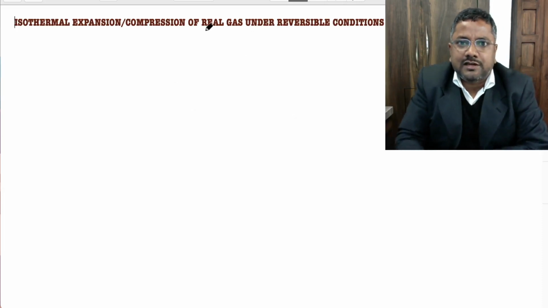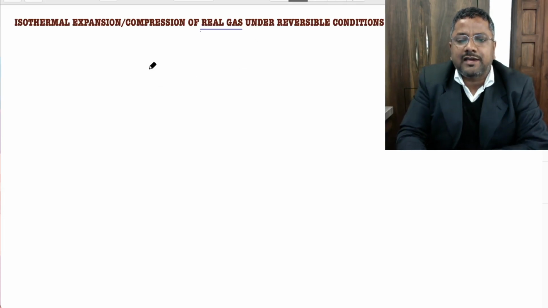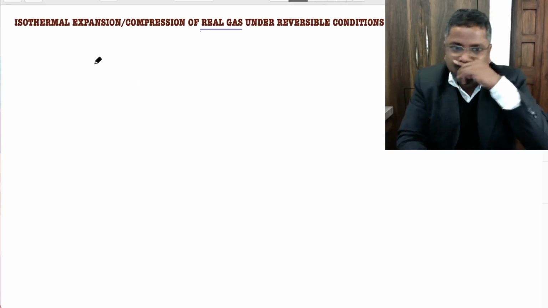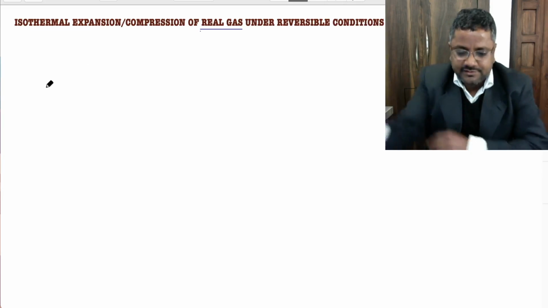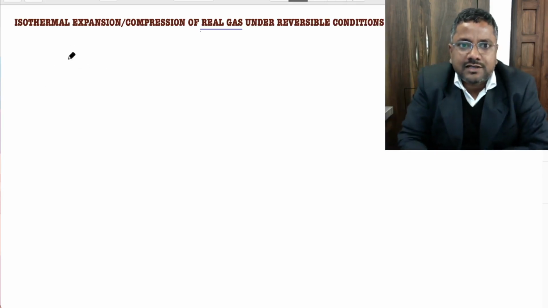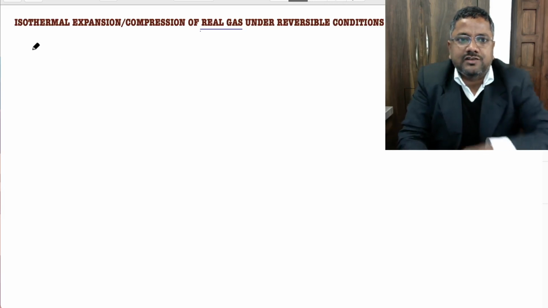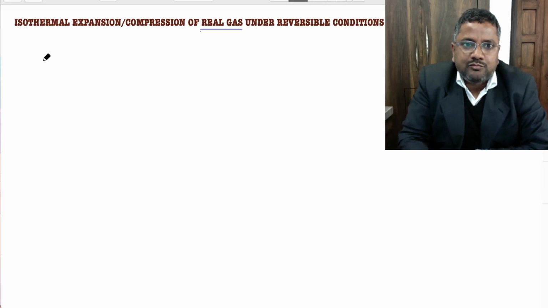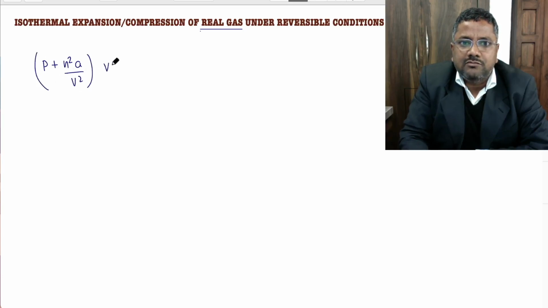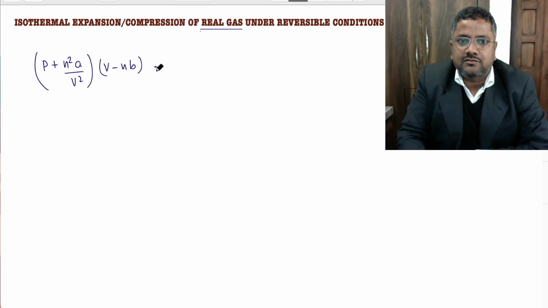So suppose that we have a real gas. Definitely a real gas will have a certain equation, and a well-known equation we have is the van der Waals equation. So the van der Waals equation is (P + n²a/V²)(V − nb) = nRT.